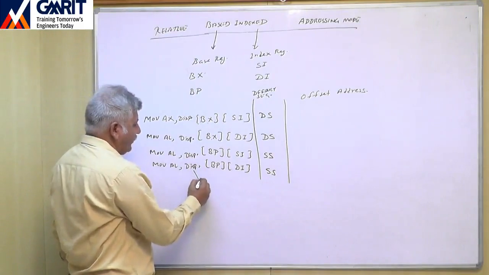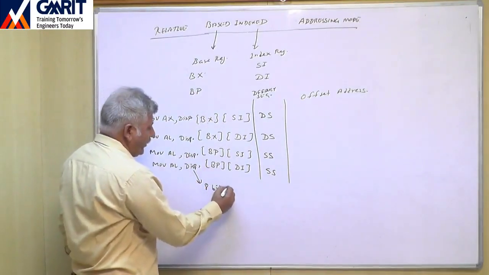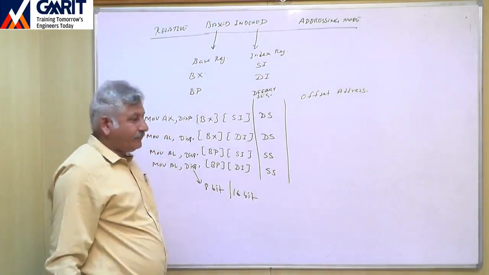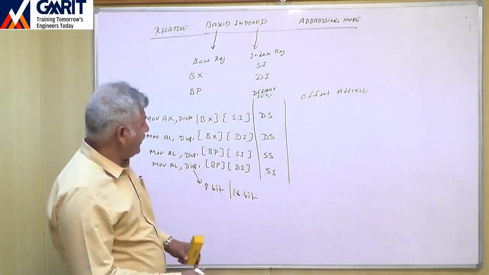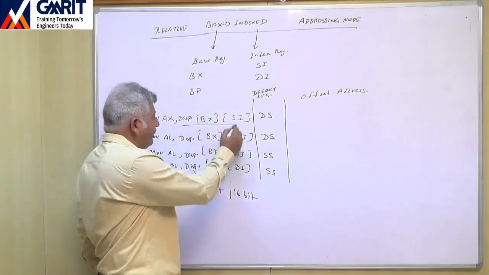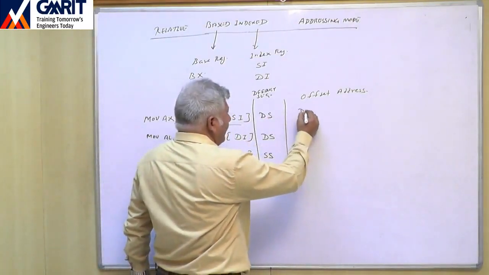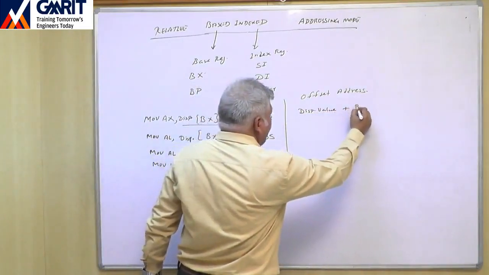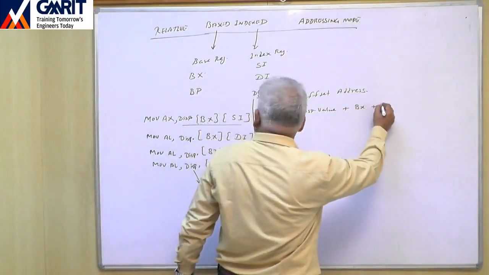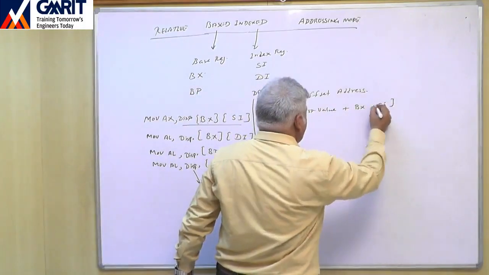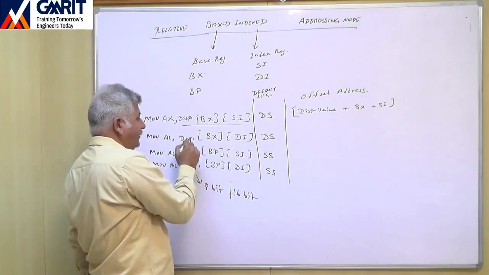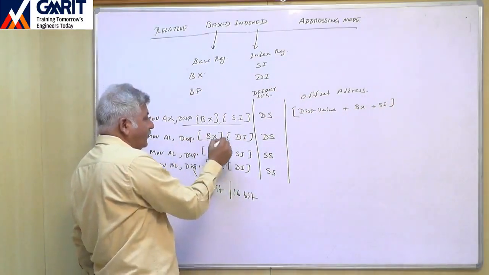This displacement value can be 8-bit or 16-bit. And now the offset address of the data will be formed by the displacement value plus the value of BX plus the value of the SI register, in the first case. In the second case, displacement value plus BX plus DI.